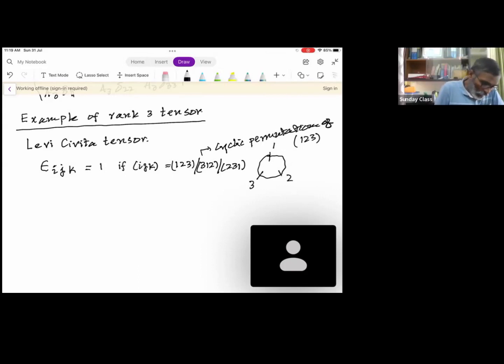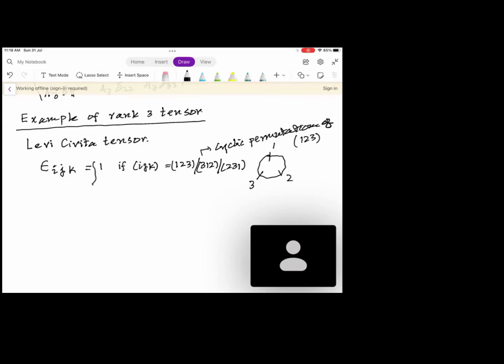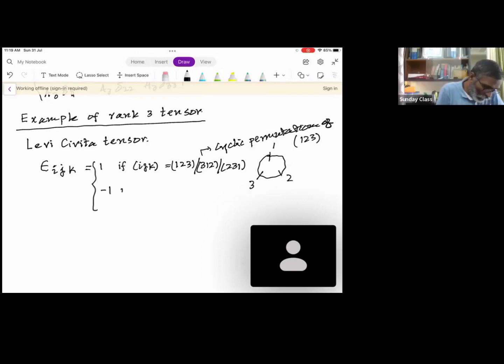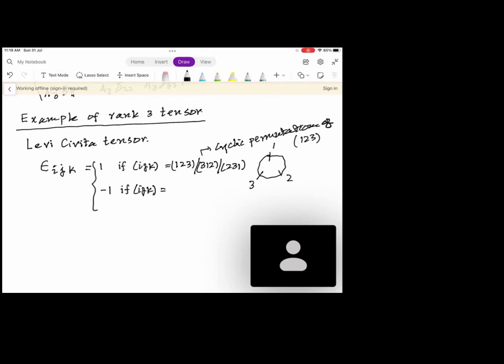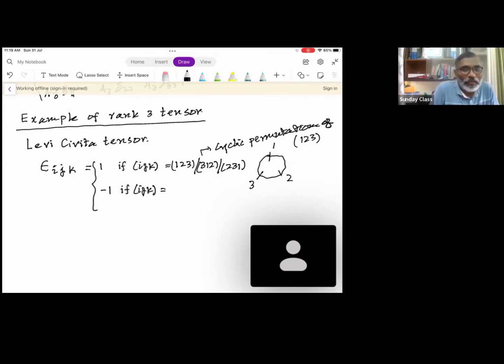Now, this is equal to -1 if this ijk is equal to, there are totally how many permutations of 1, 2, 3? 6 are there, right? Factorial 3. So there are other 3 which are called non-cyclic permutations. That means you go in the opposite direction, so that is, let's say 1, 3, 2 or 3, 2, 1 or 2, 1, 3.